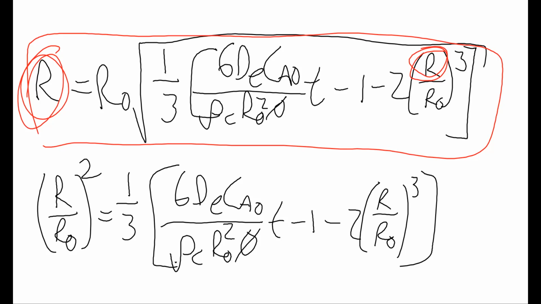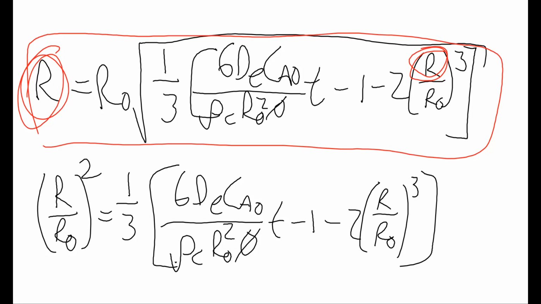Must be something earlier. So I'm going to just print off everything. Still betting that it's coming out to be a negative number in the square root.